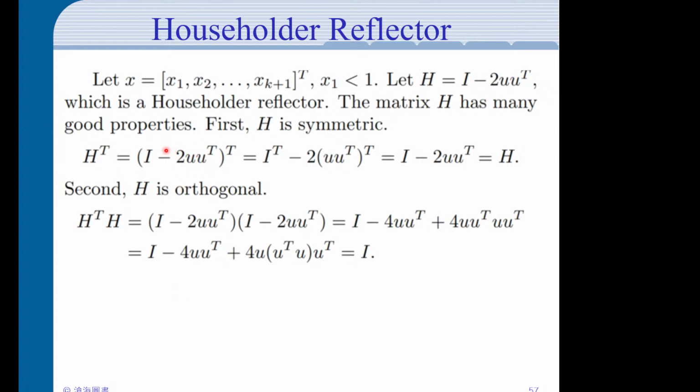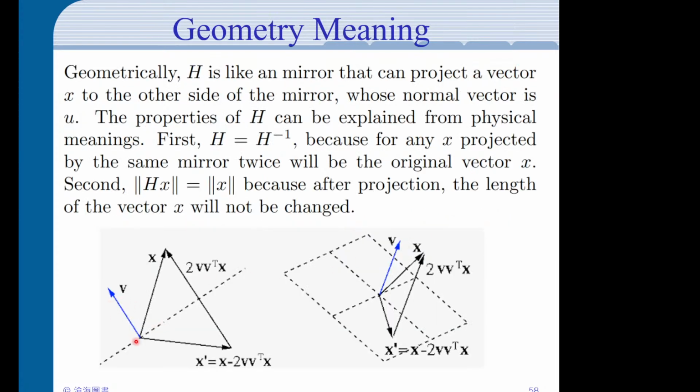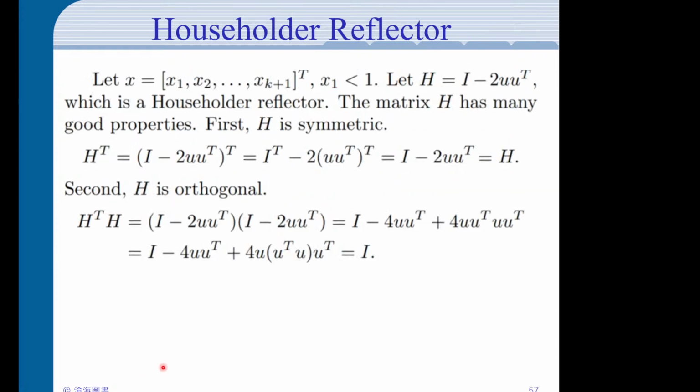Your matrix is 1 minus 2VV^T. What this does is, if you apply it on V, then because V is a normalized vector, V^T V will be 1, and so you get 1.